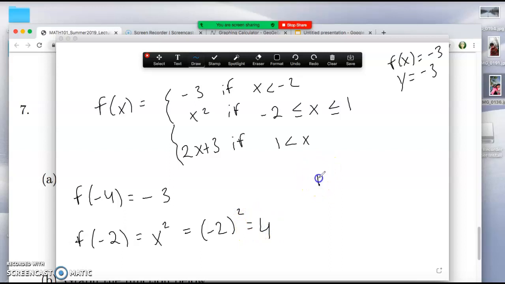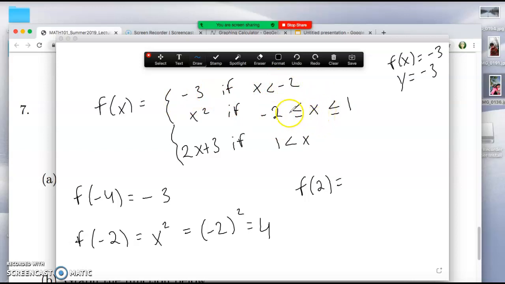Let's do the last one, f of 2. Let's see which function I can use to evaluate this. So is 2 less than -2? No, so I can't use f of x equals -3.